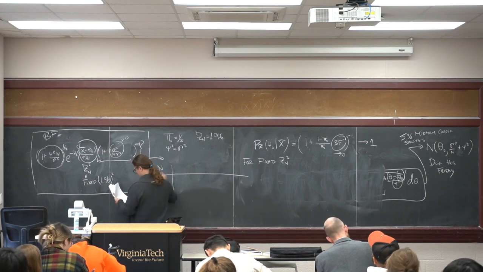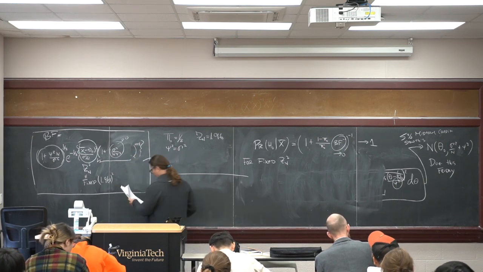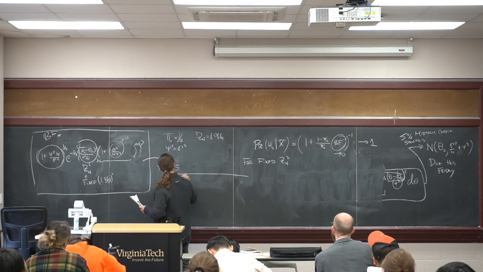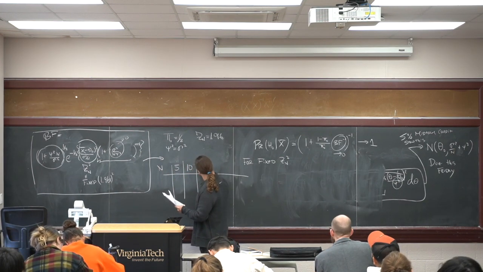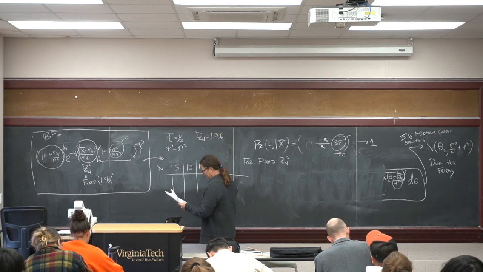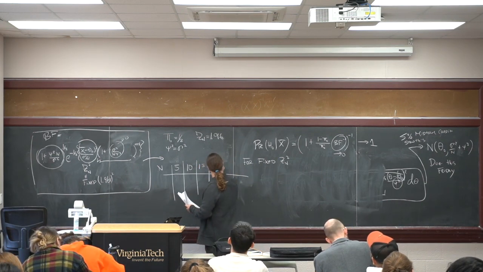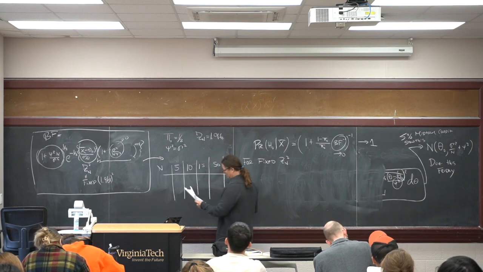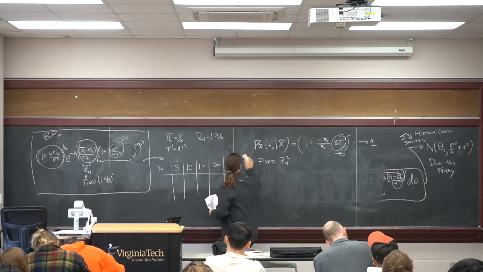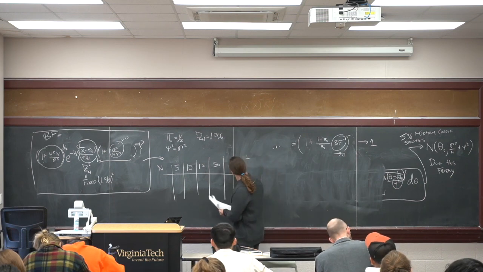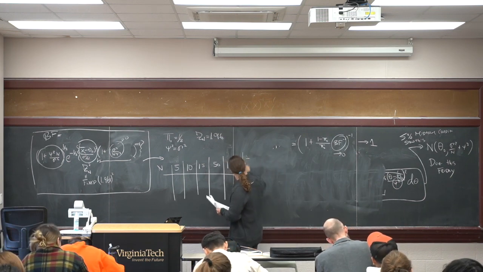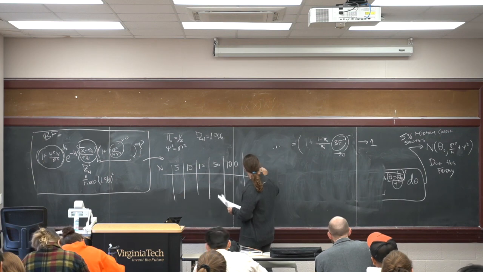So n is equal to a range of different values. Let's write down 5, 10, 15, 50, 100, 1,000.